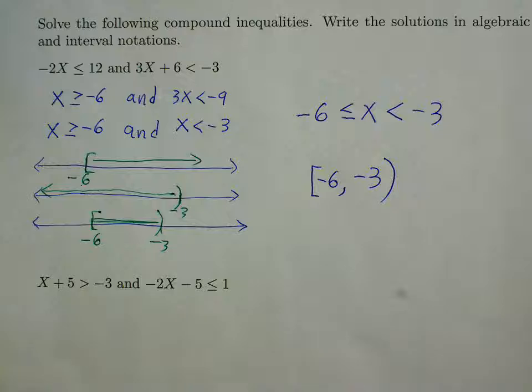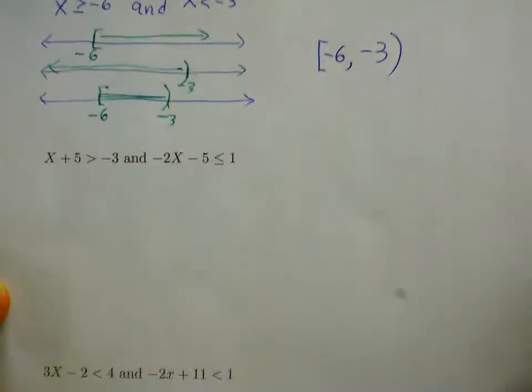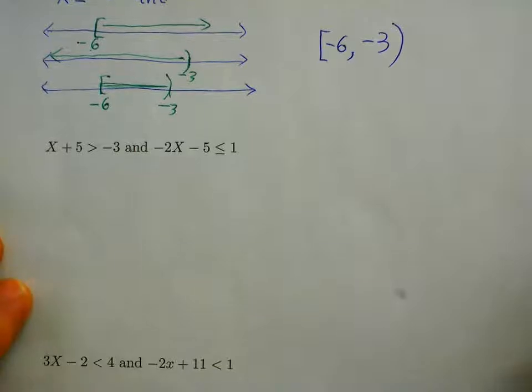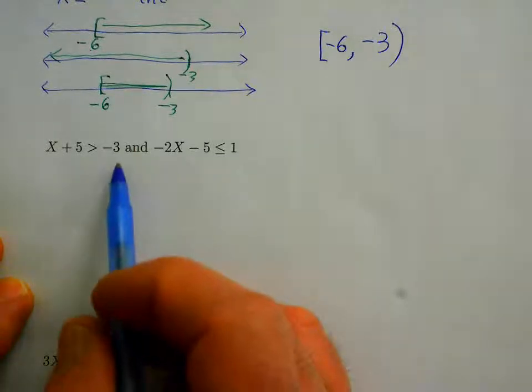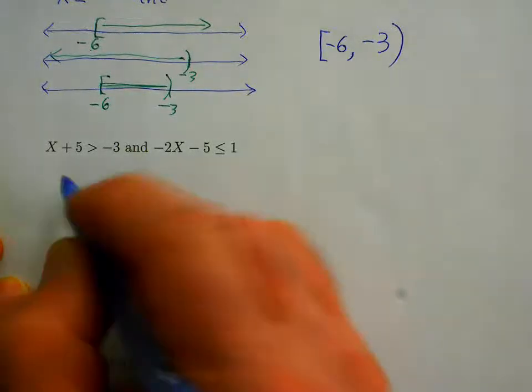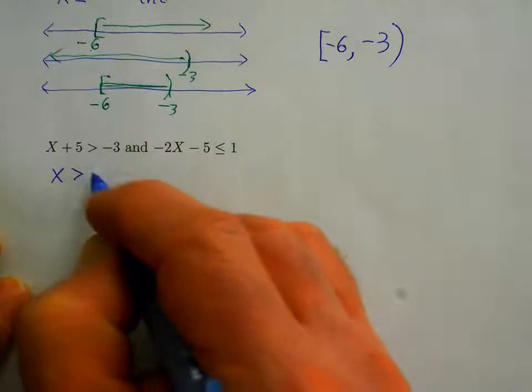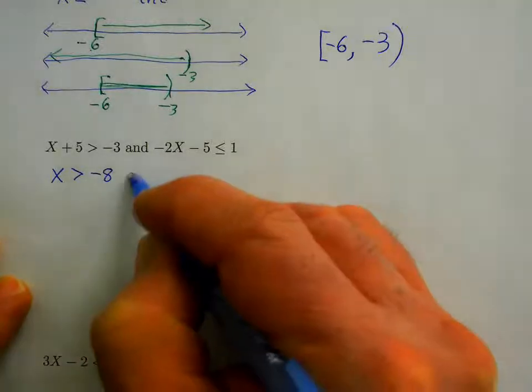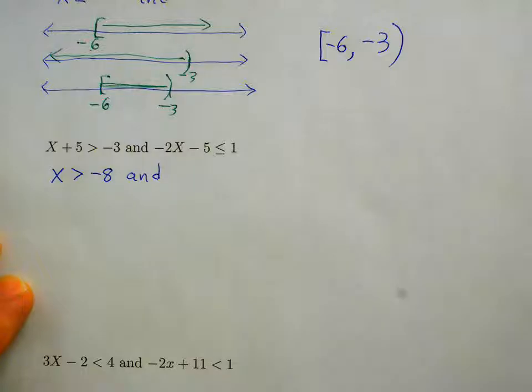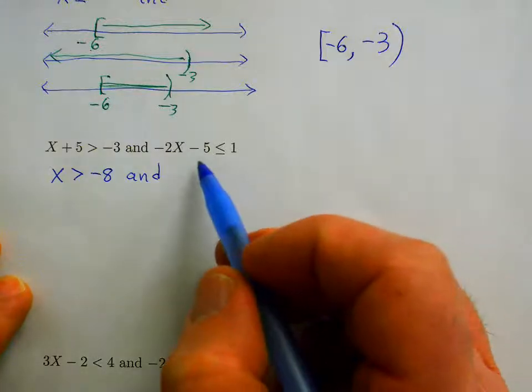Okay, the next one, same kind of exercise. x plus 5 is greater than negative 3, so subtract 5 from both sides. We get x is greater than negative 8. On the right-hand side, a couple of steps.